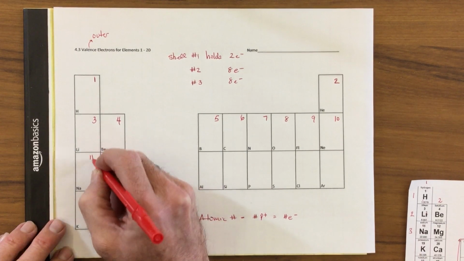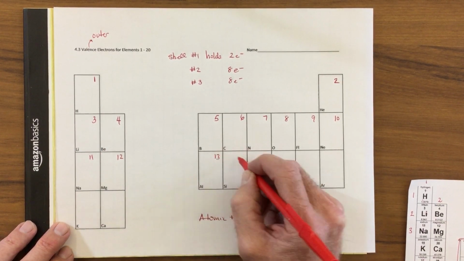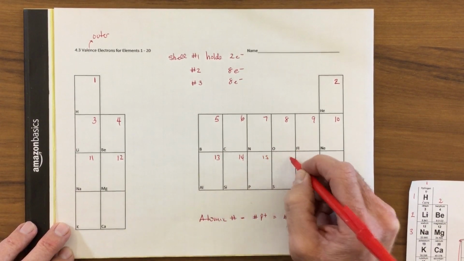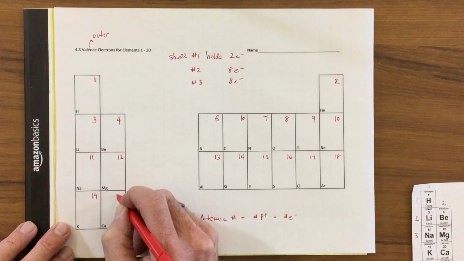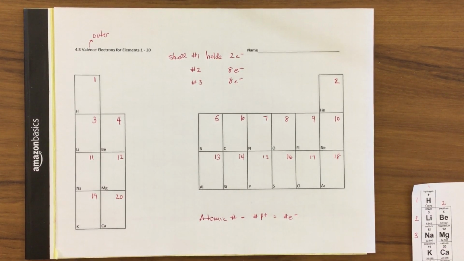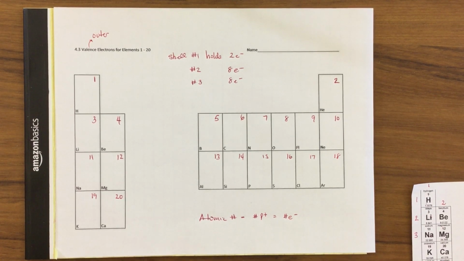Sodium is 11, 12, etc. So we filled out just the atomic numbers, again, which is related to the number of protons and the number of electrons.